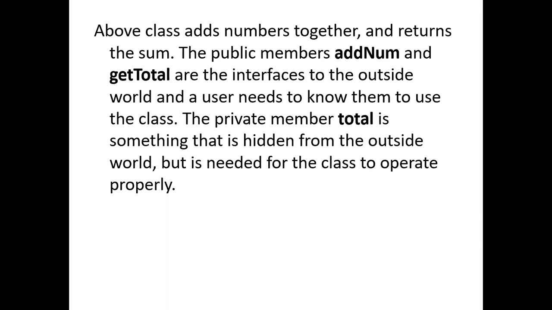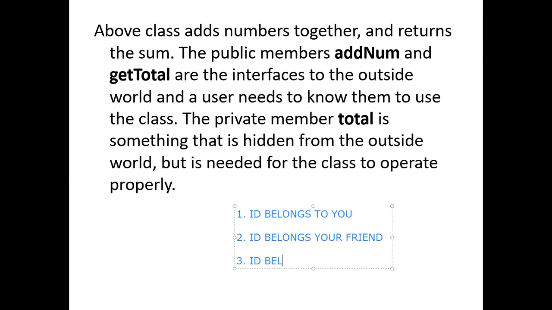So these are the three cases. Let me write it down here. Case one, the ID belongs to you. Number two, the ID belongs to your friend. Number three, the ID belongs to an unknown person, or someone you are still not friends with on Facebook.